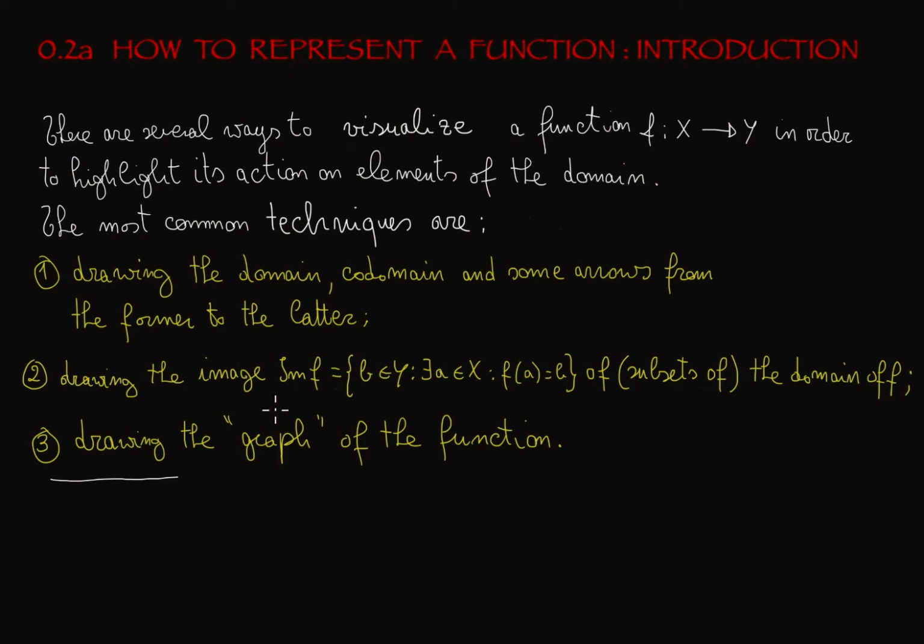And this hand-waving definition is equivalent to the mathematical definition of a function, which is what we called the graph of the function. So the graph is actually a subset of a Cartesian product of the domain times the codomain. Therefore, in most cases it can be drawn, since it is a subset.